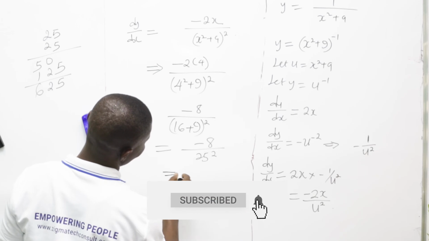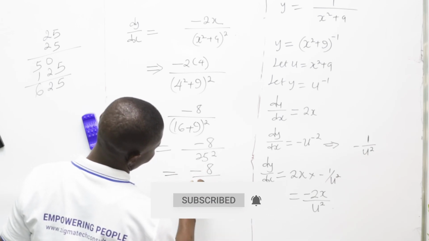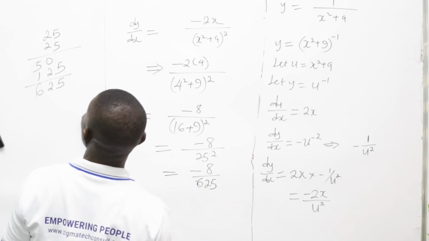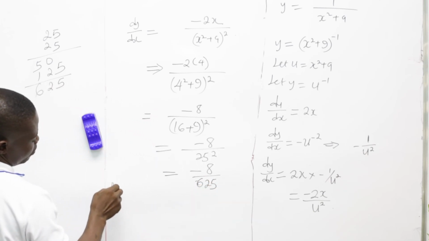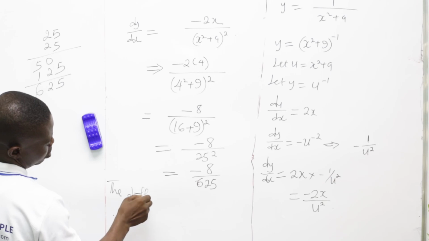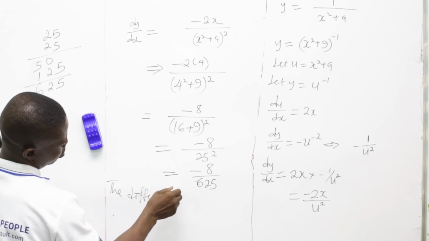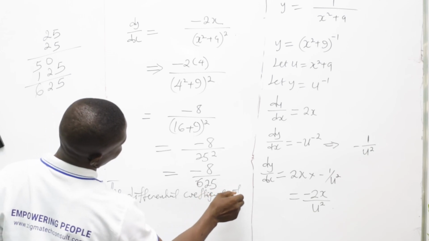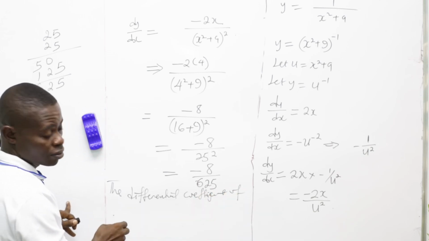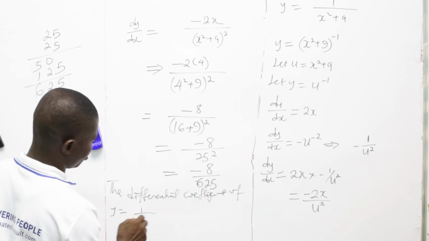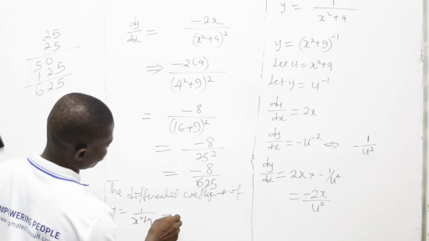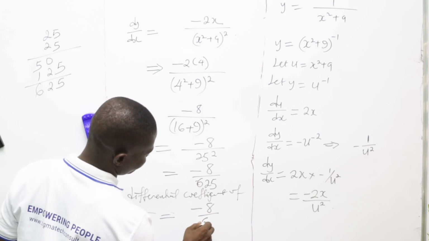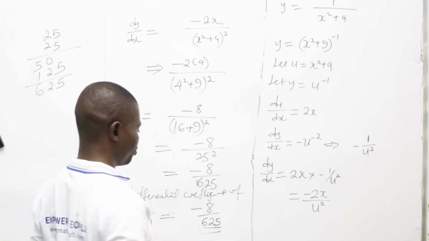So we'll have minus 8 all over 625. Therefore, the differential coefficient of the function y equals 1 all over s squared plus 9 equals what? Minus 8 all over 625.